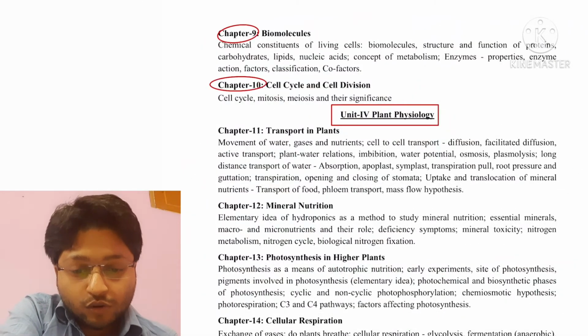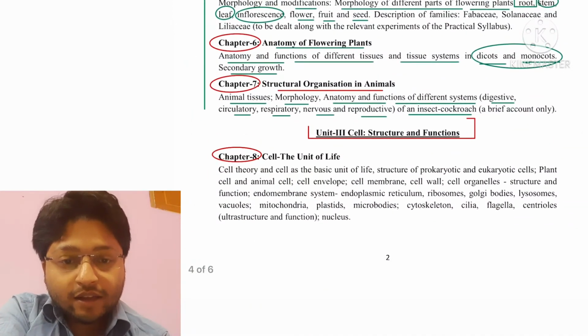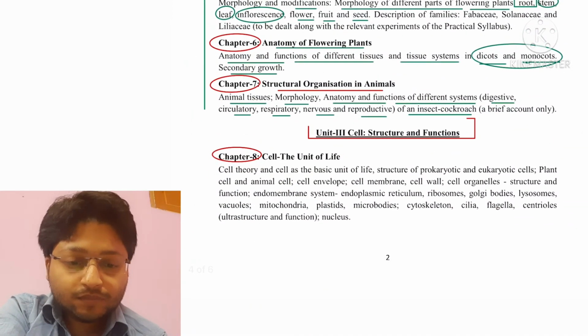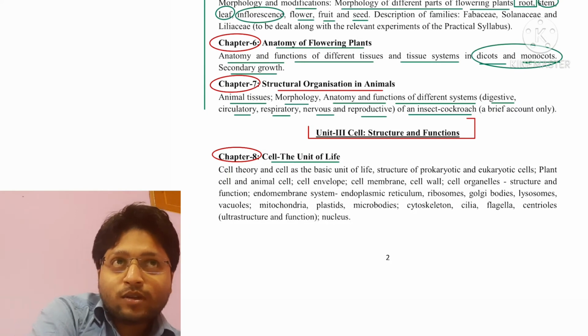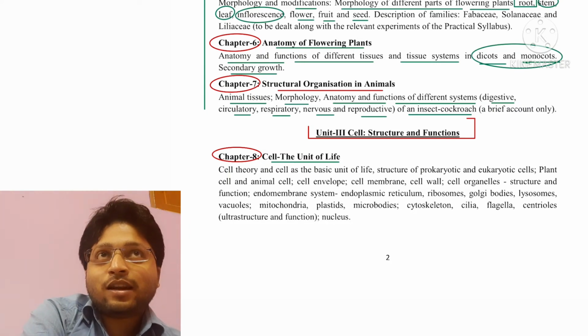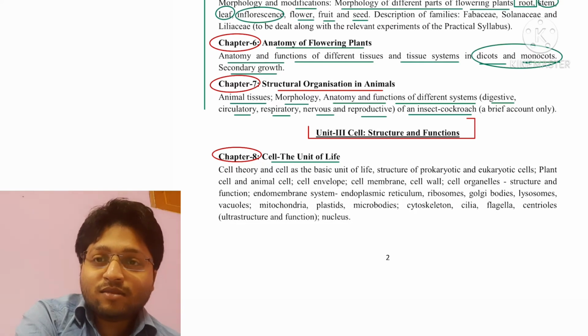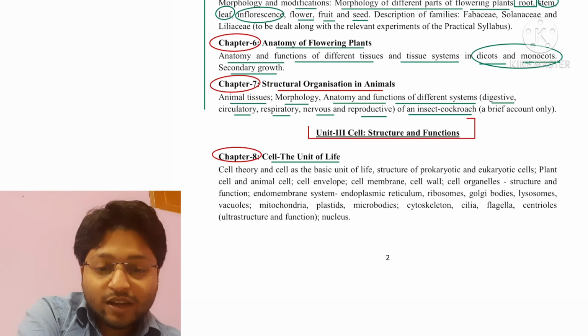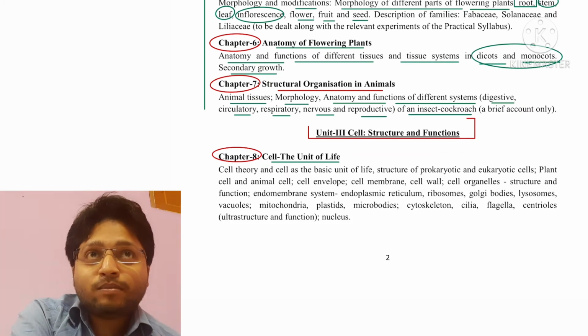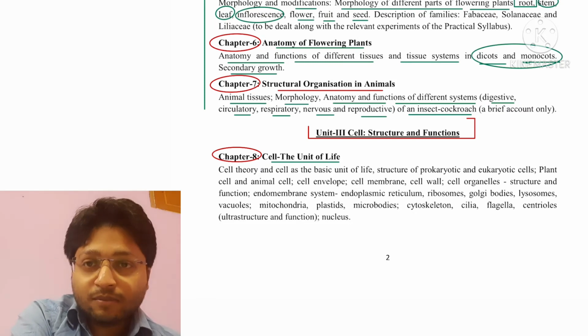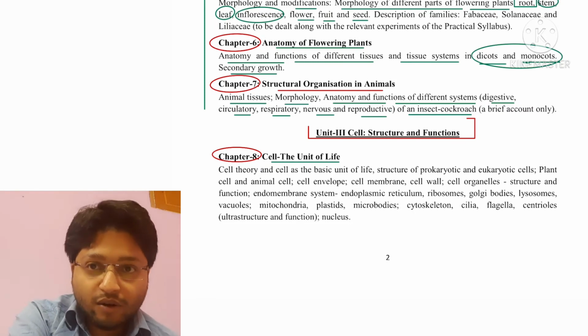So in chapter 8 you will learn about the cell, the unit of life. About the cell all of you know more or less, right? In this chapter you will learn about the 2 types of cell, prokaryotic cell and eukaryotic cell.